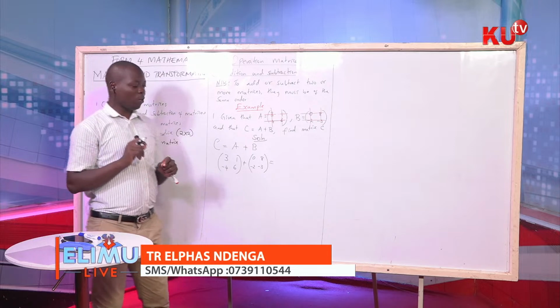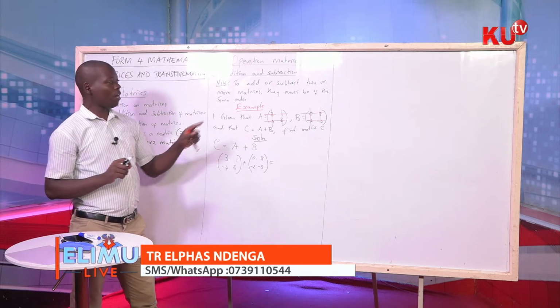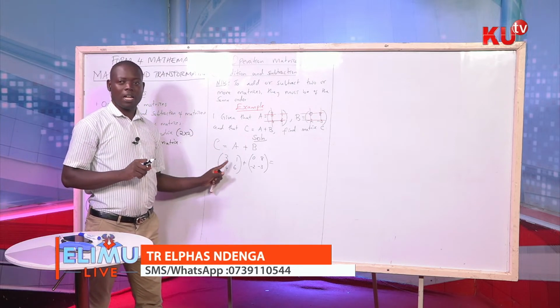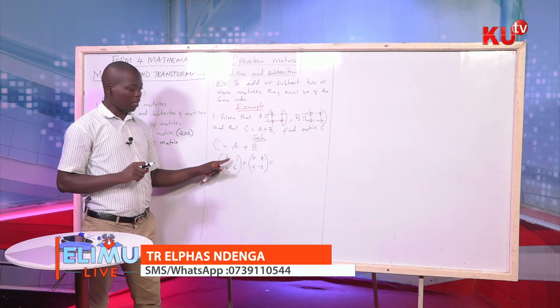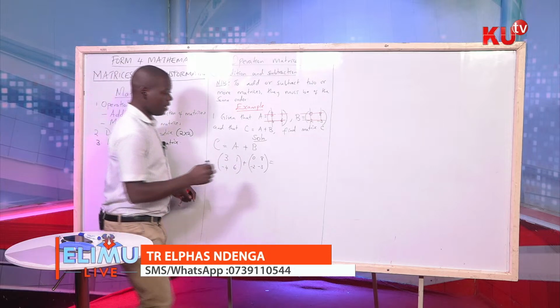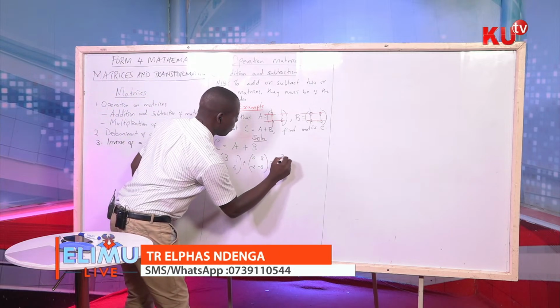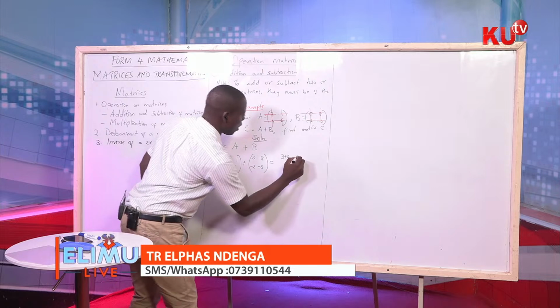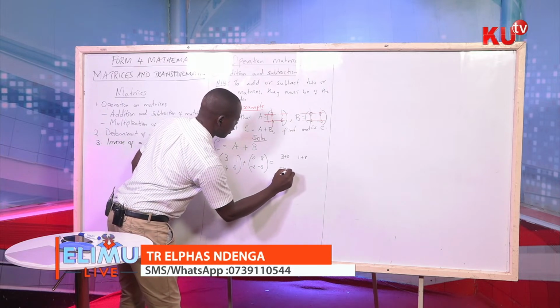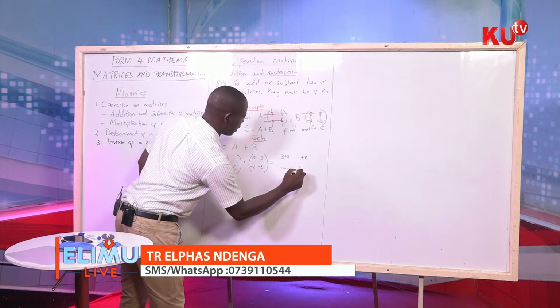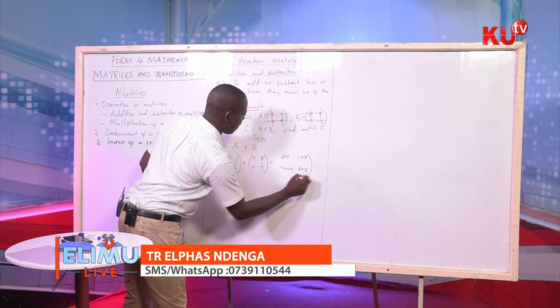And addition or subtraction is based on the numbers or elements at each position. This is the first position, so they will be added in that order. So we shall have 3 plus 0 and 1 plus 8. Then negative 4 plus negative 2, 6 plus negative 3.